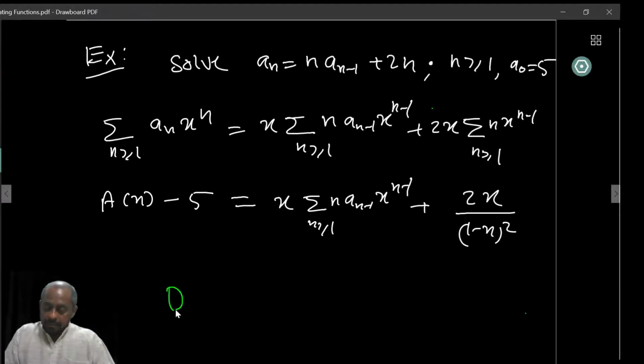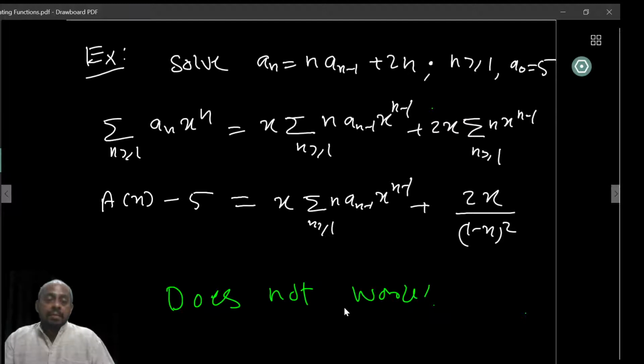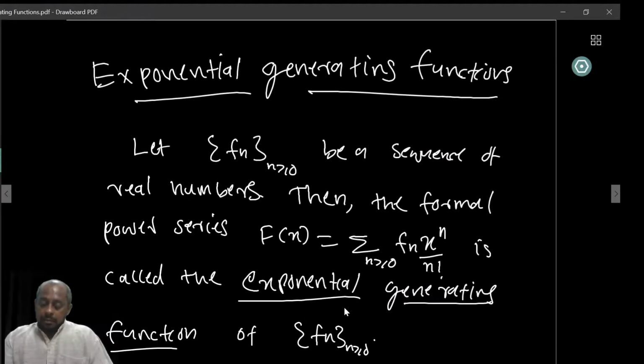So we are going to use a new type of generating function, which we call the exponential generating function. Given a sequence f_n, n greater than or equal to 0, the formal power series F(x) equal to summation f_n x raised to n by n factorial is called the exponential generating function of the sequence f_n.